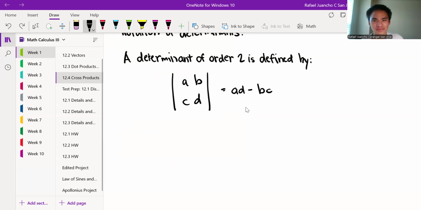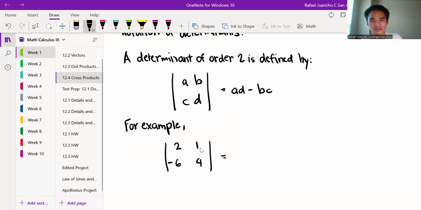That's the idea. So for example, we have a nice example here. We have this matrix: 2, 1, -6, 4. And this is the product of 2 times 4, because we want to multiply across diagonals.